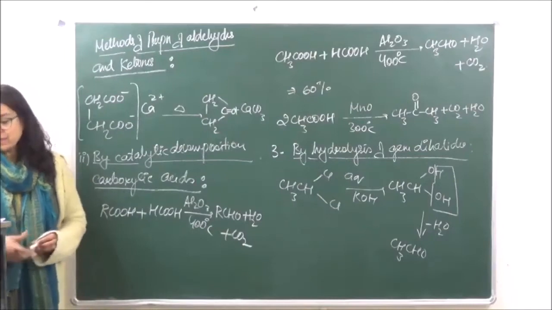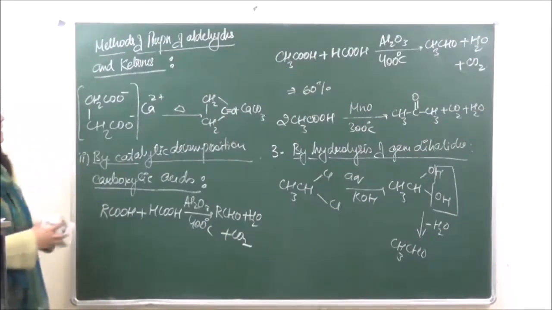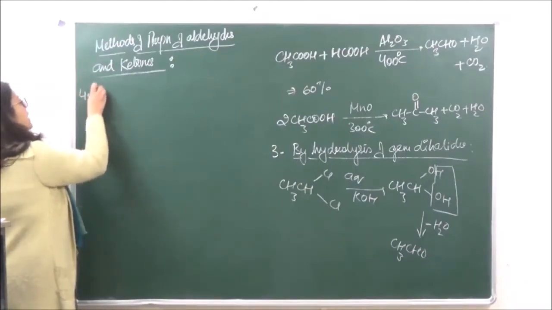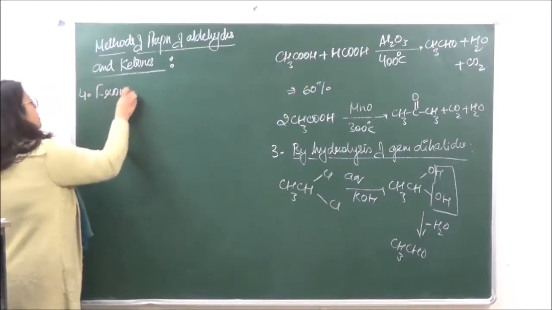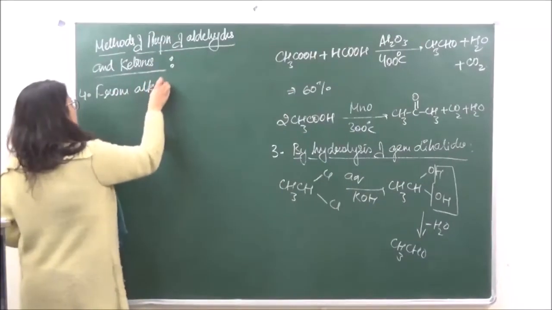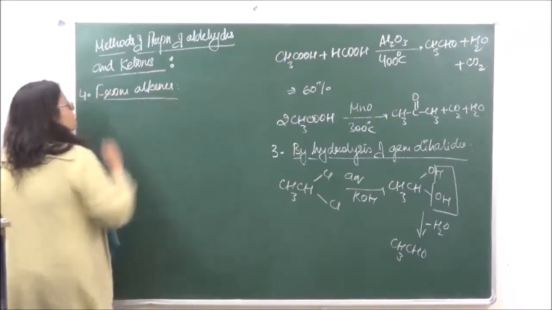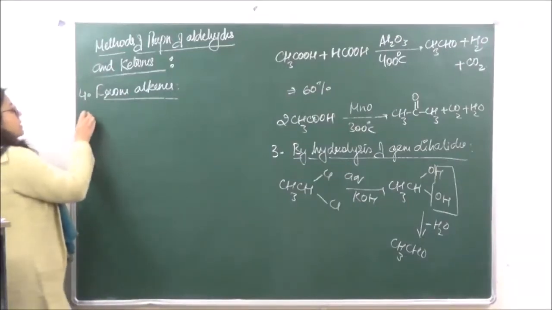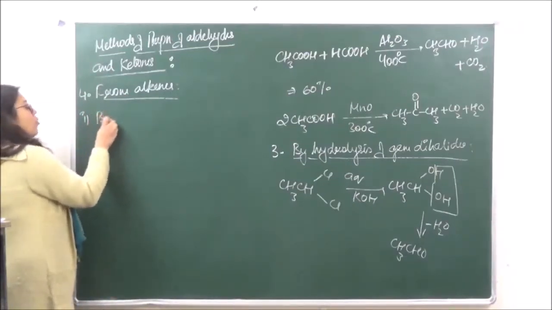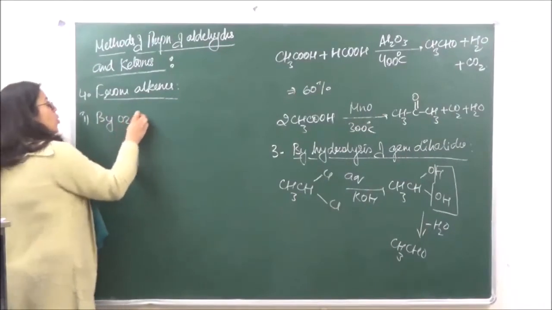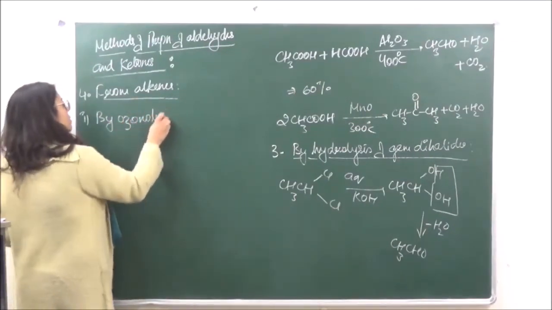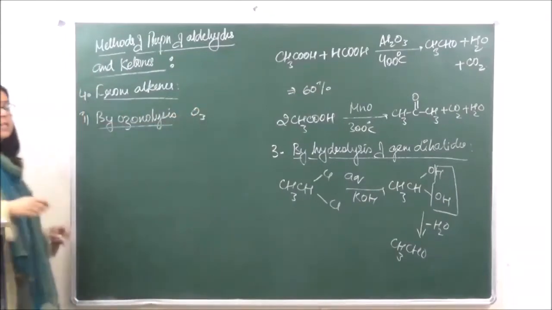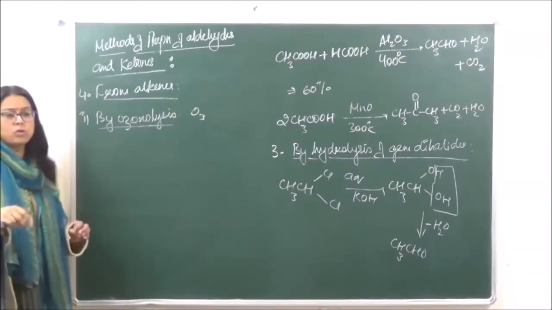Then the next method of preparation is from alkenes. The fourth method of preparation which we are going to do is from alkenes. Now over here, the first method is by ozonolysis. Ozonolysis is the addition of ozone. It is also known as reductive ozonolysis.